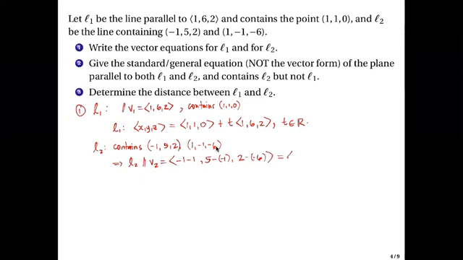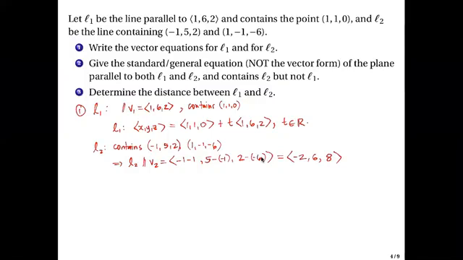If we perform the operations, we'll have 1 minus -1, that's 2, then -1 minus 5, that's -6, and then -6 minus 2, that's -8. So we have this vector v2.